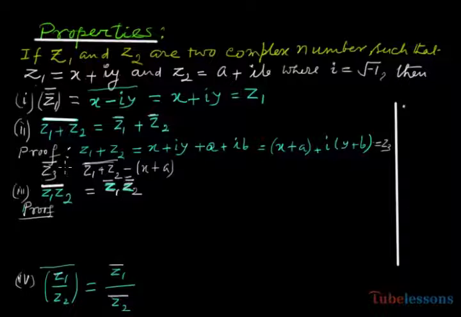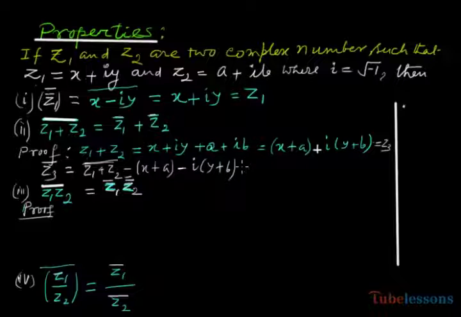So the conjugate of Z3 equals x plus a, and now as it is a conjugate, this plus i becomes minus i into y plus b.